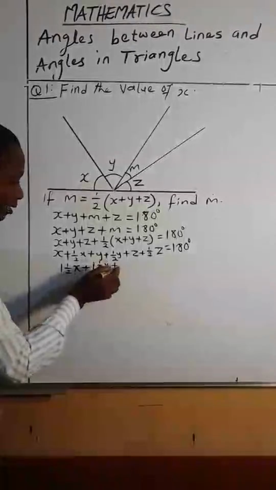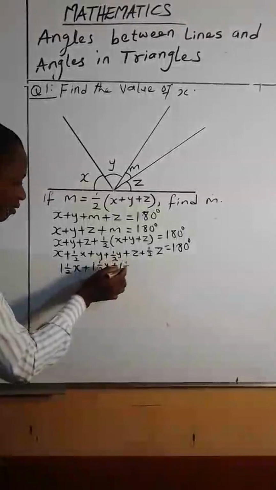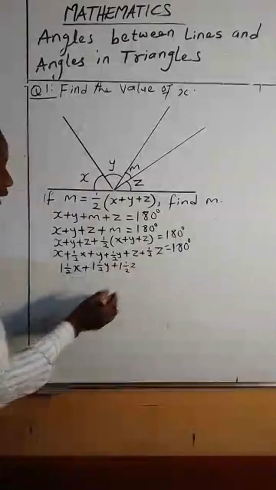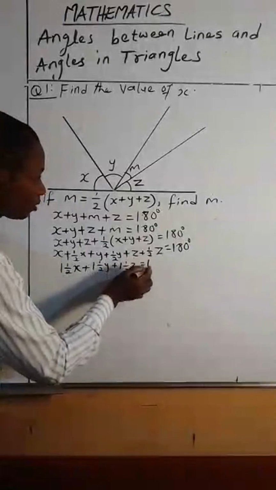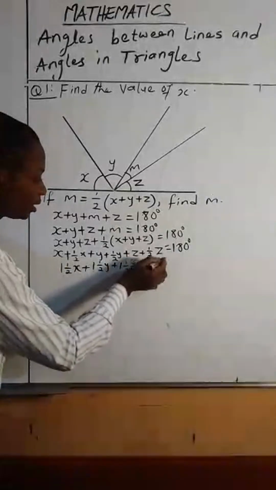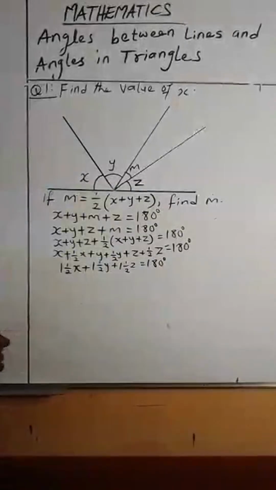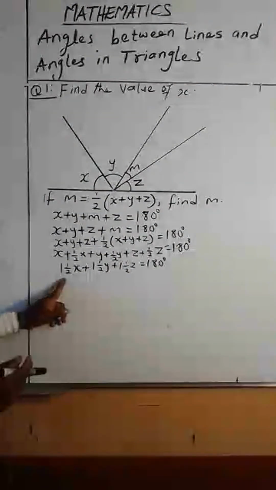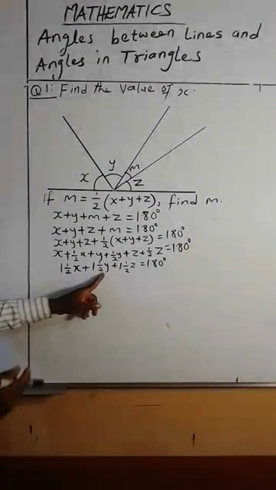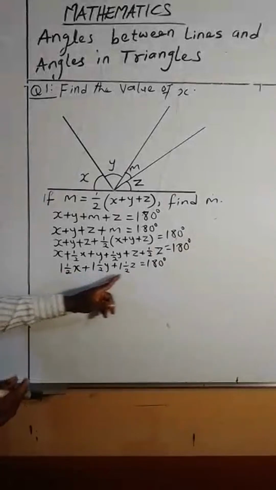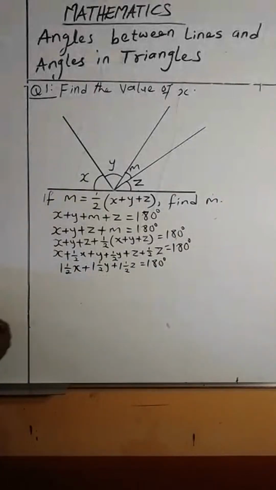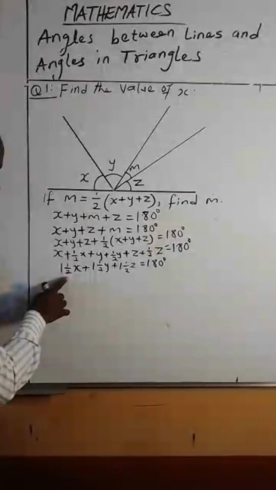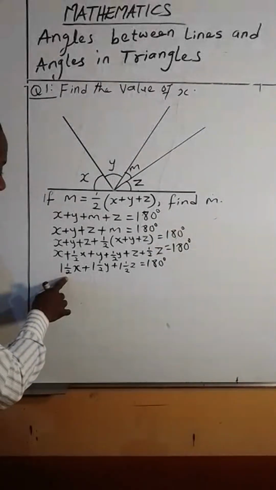Then for z, we have 1 and a half of z. And this is equal to 180 degrees. So you can see that 1 and a half is very common, there's no need doing all of that.